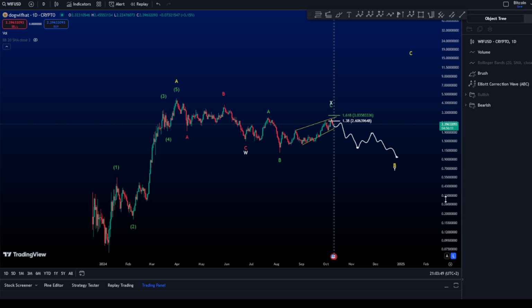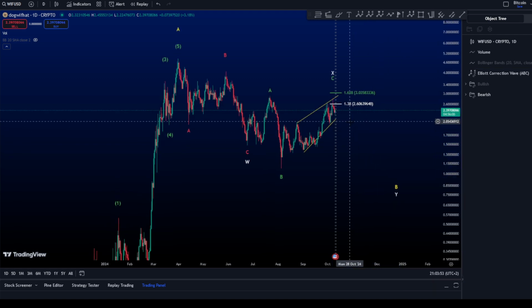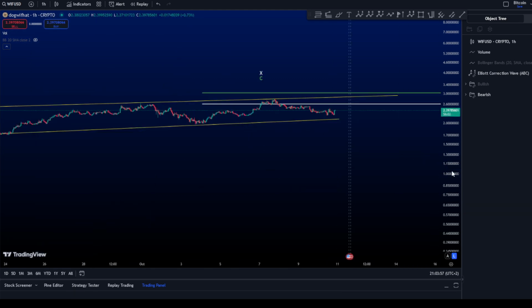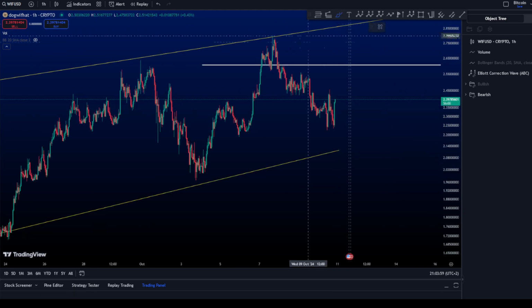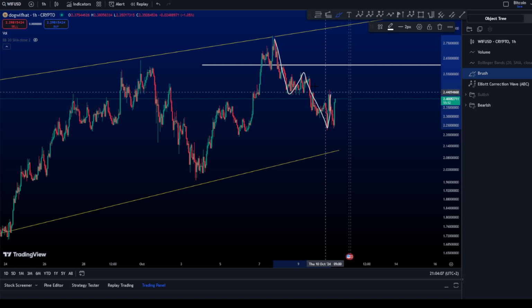So this is your target in case we are impulsive. So we have to read some impulse, of course, on the 1 hour chart. If we look at the 1 hour chart, we can see here a little bit of impulsive price, where we can see a formation of double 1-2, or it can be read as a zigzag, which is corrective.